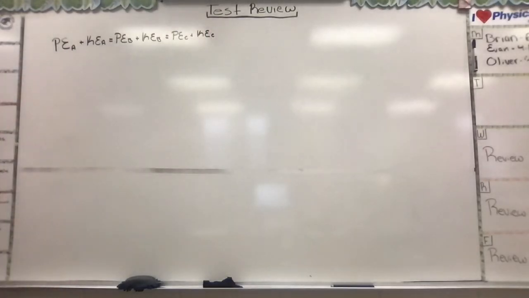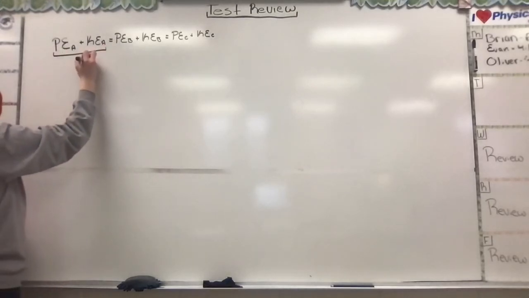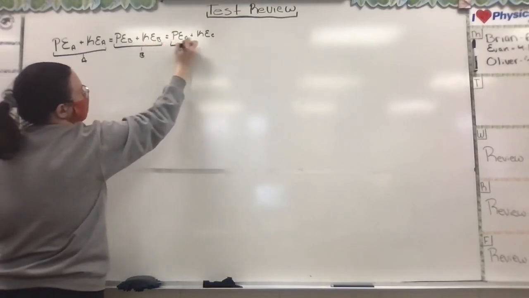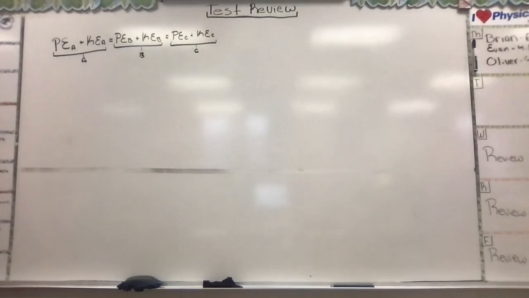It means that at each point, the particle at point A has the same amount that it has at point B and the same amount that it has at point C. No matter what, the energy is going to be the same. It has to be. And they give you exactly what the energy has to be. Where do they give it to you? Because you're at rest, the potential energy is 25.